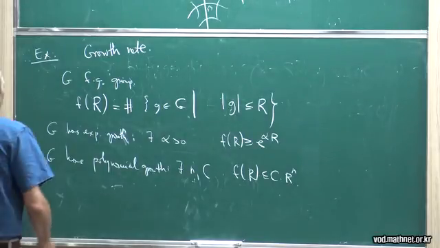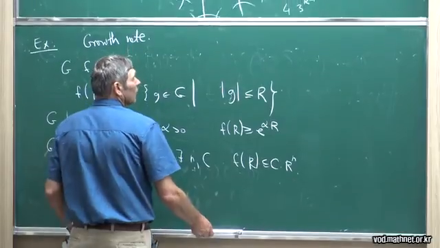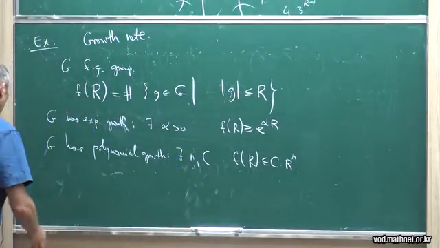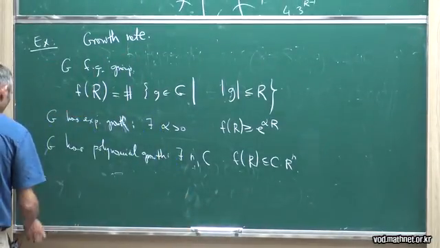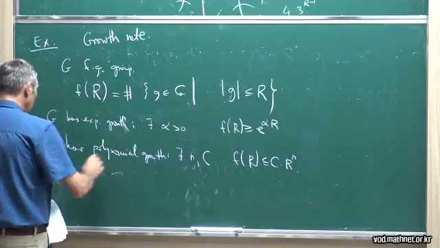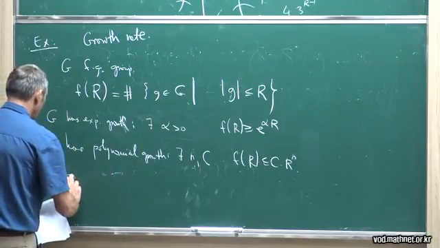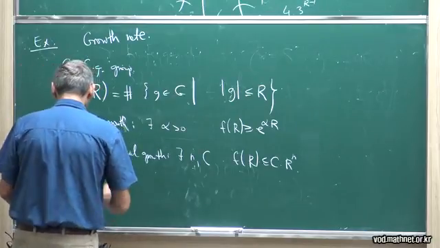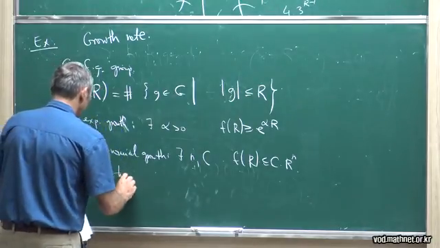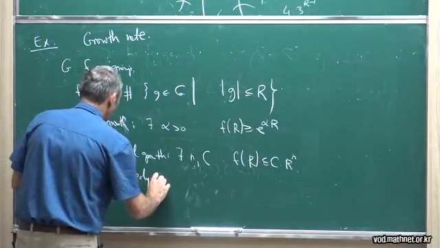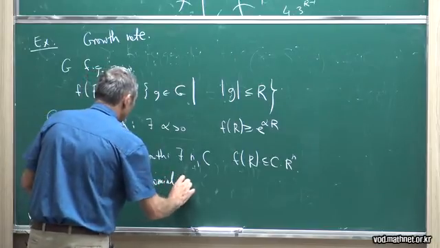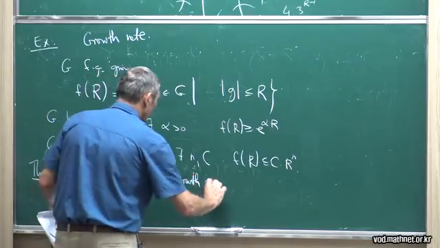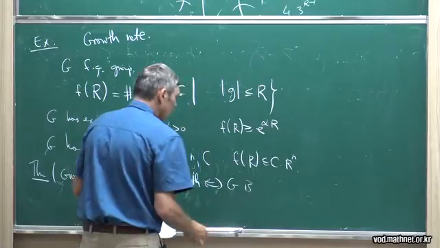And there's a famous theorem of Gromov, which is really what kind of started this whole field, characterizing groups with polynomial growth. G has polynomial growth if and only if G is what we call virtually nilpotent.